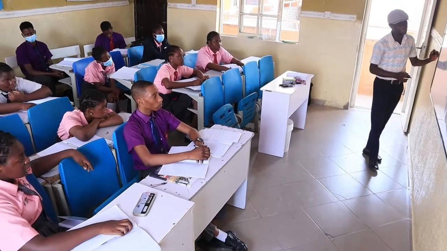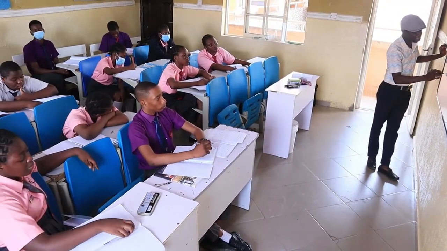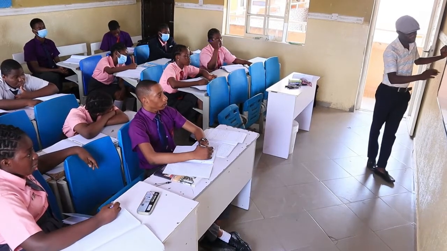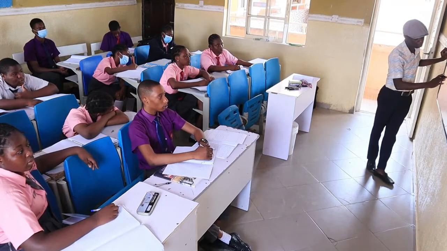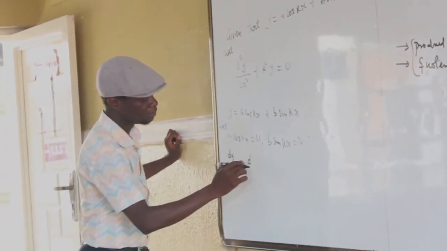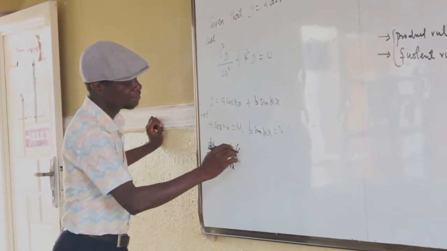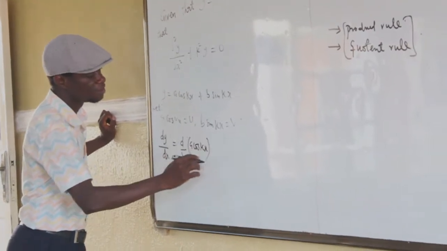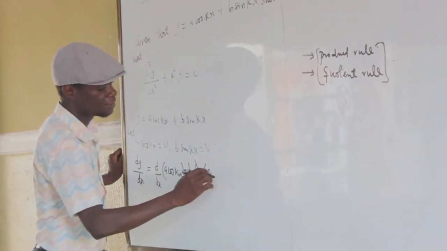If this is y, then dy/dx here will be equal to d/dx of (a cos kx plus b sin kx).